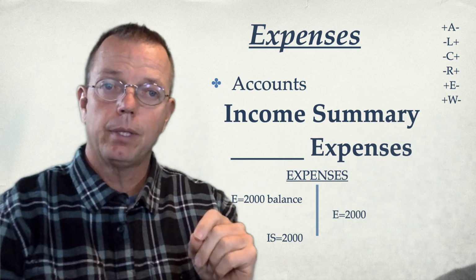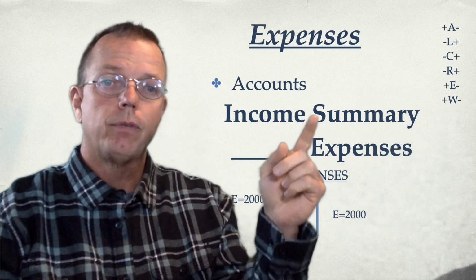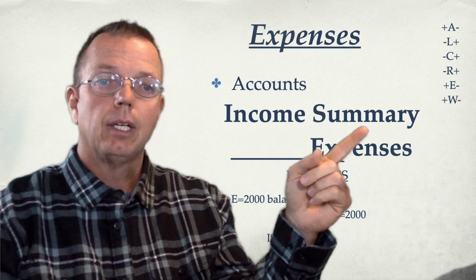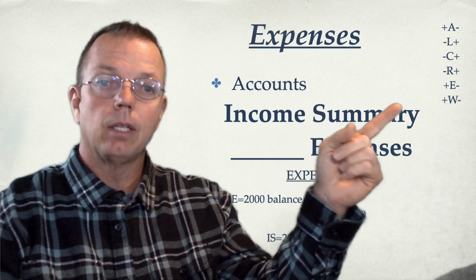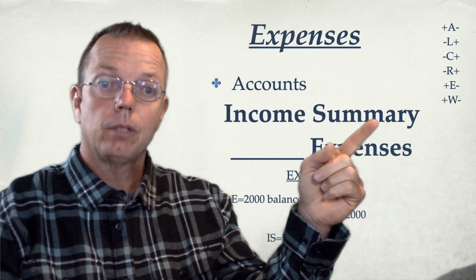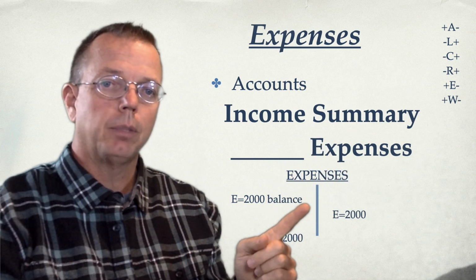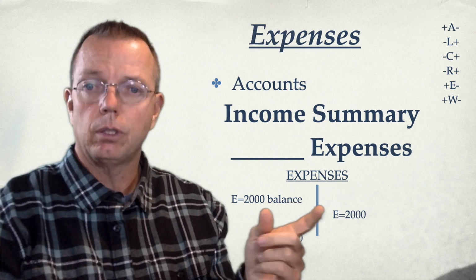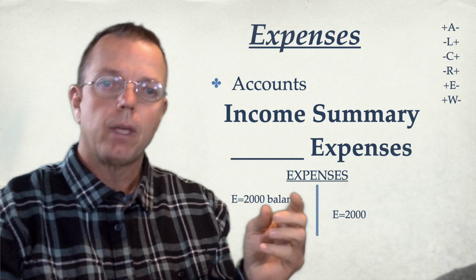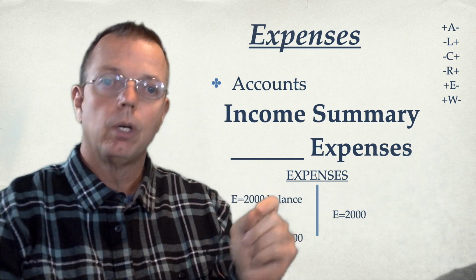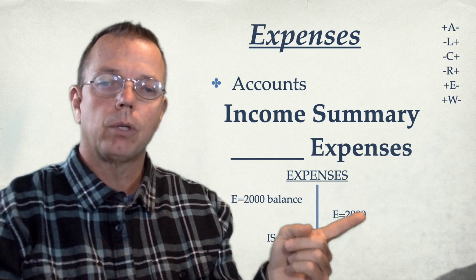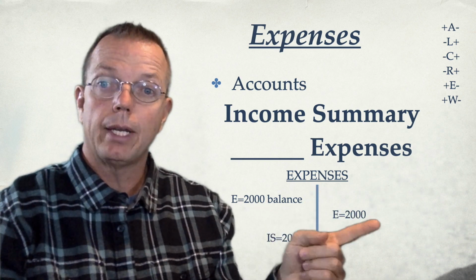Exact same thing as we did with revenue. Expenses increase on the left-hand side. So if we have a lot of expenses, using this example again, our balance was say $2,000 when we added up all our expenses. In order to zero that out, we'd have to make a recording of $2,000 on the right-hand side.